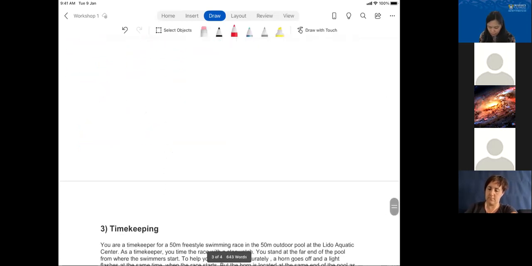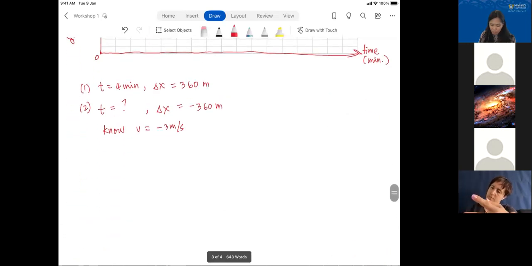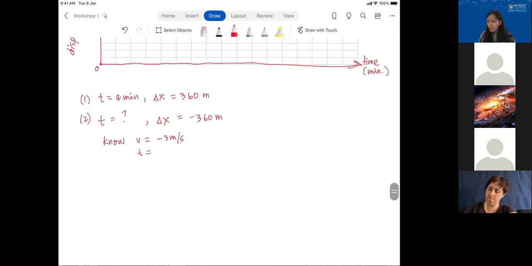Again, the useful information gives you some equations. To find the time, you have to know the displacement and divide that by the velocity. So the displacement is negative 360 meters divided by the velocity, which is negative 3 meters per second.